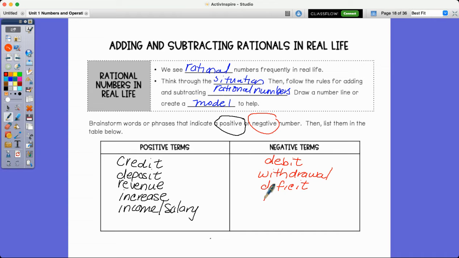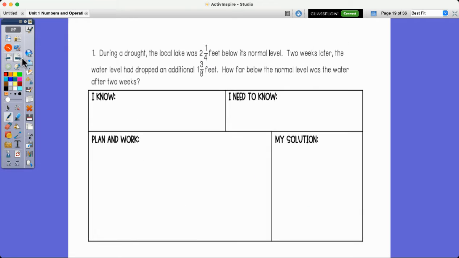Opposite of increase is decrease. And opposite of income or salary, let's go with loan. Okay, you're not getting money, you're borrowing money. So those are just some basic ideas. I would like to see 2 to 3 more so we can have a discussion in class tomorrow.